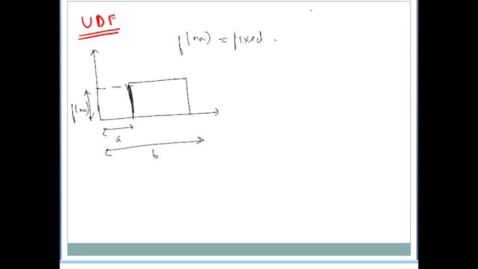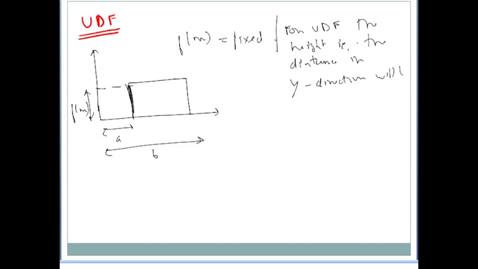For uniformly distributed function, that is UDF, the distance in y direction will be fixed.